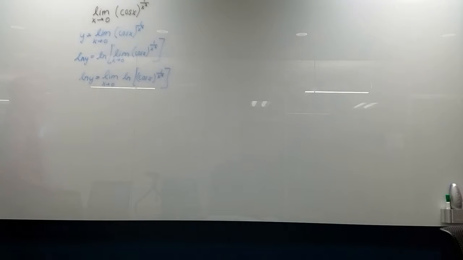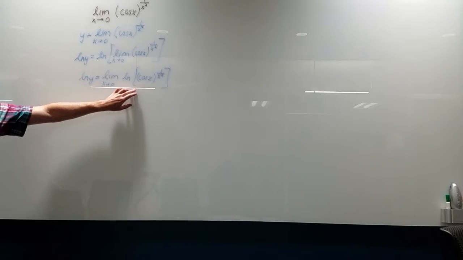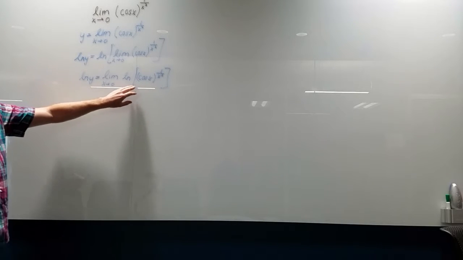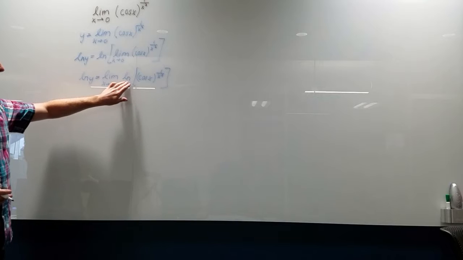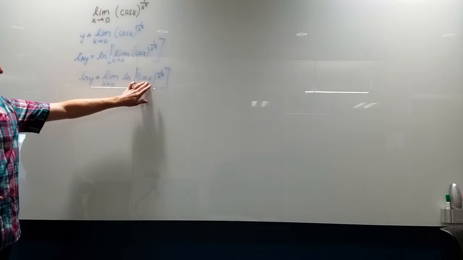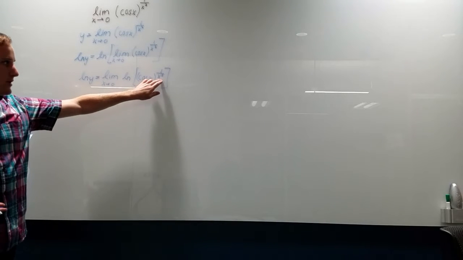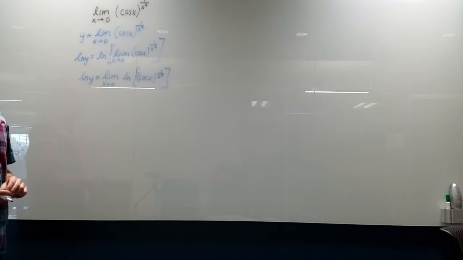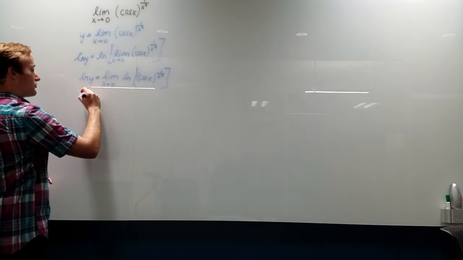Great. And now this is a useful thing for us because if you remember back to the laws of natural logarithms, if we have the natural log of an expression being raised to a power, we can bring that power out to the front of the natural log.